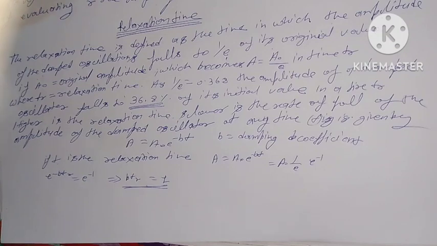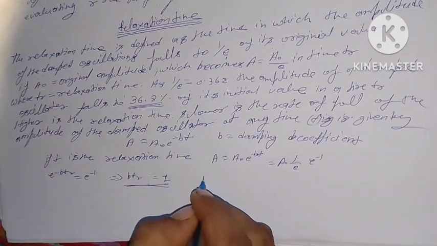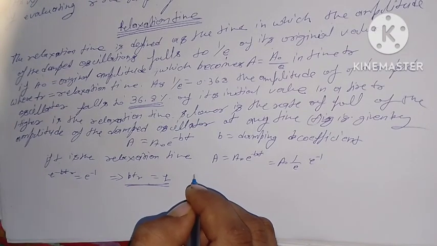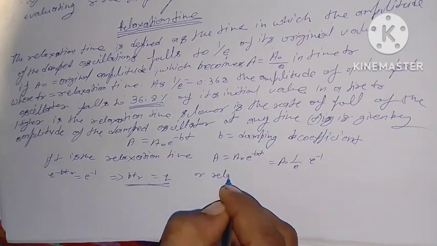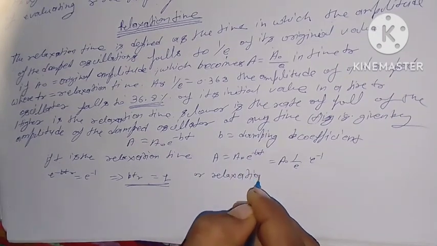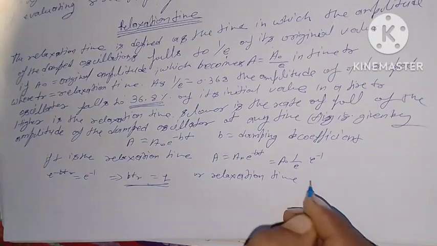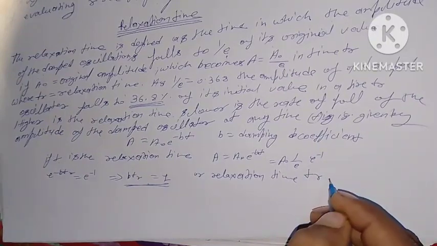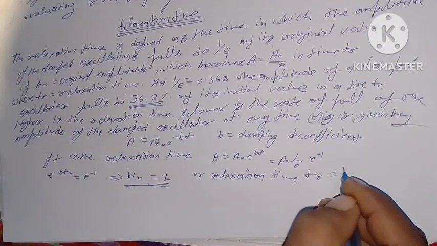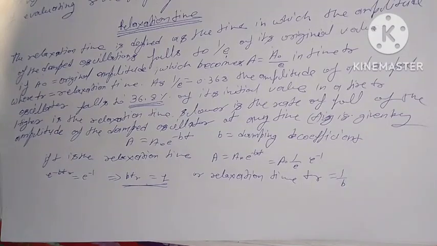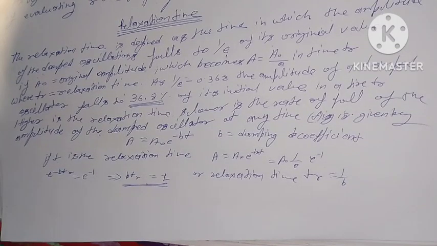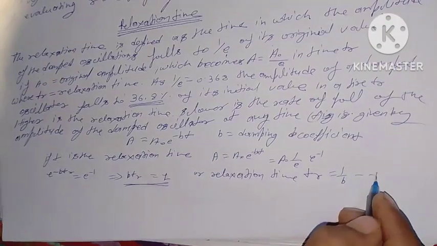If b tr equals 1, then the relaxation time tr equals 1 by b. This is equation number first.